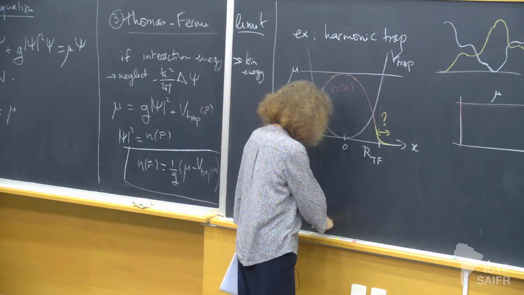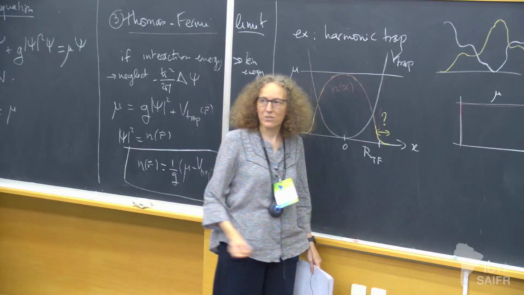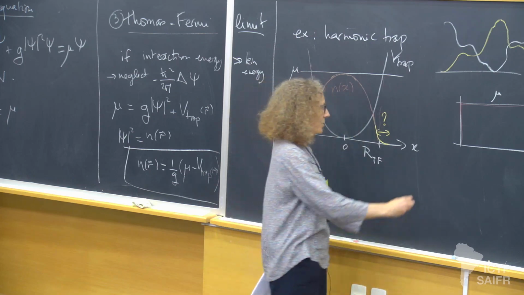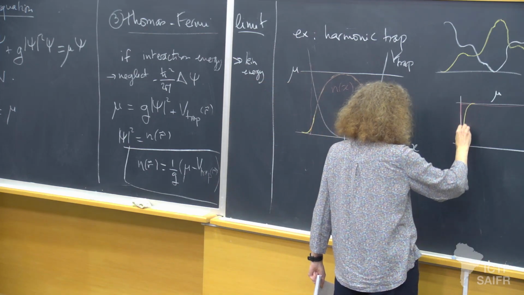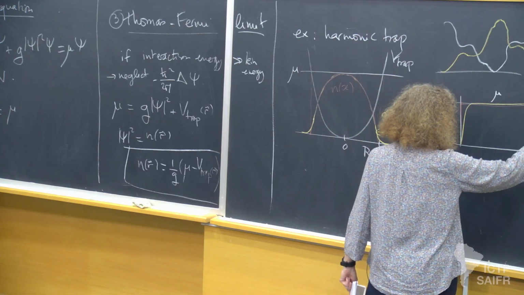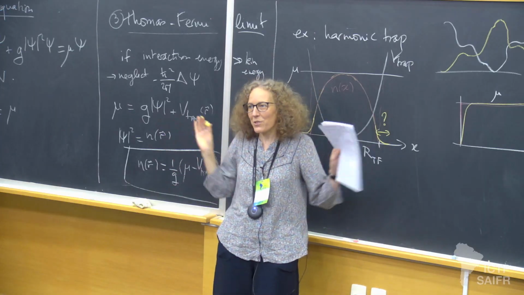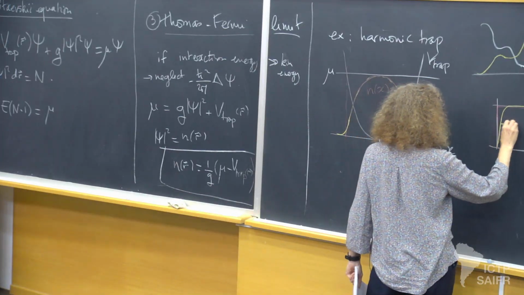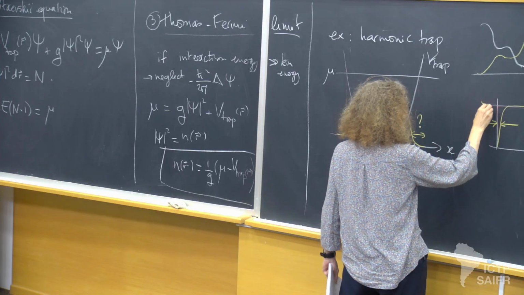And of course, this is not very reasonable, that the density of the cloud jumps suddenly from 0 to its homogeneous value. So there will be a region where the density connects between 0 and its average value. And of course, also the density at the center will be a little bit larger because you have to remove atoms on the side. And the typical size over which this happens is called the healing length.